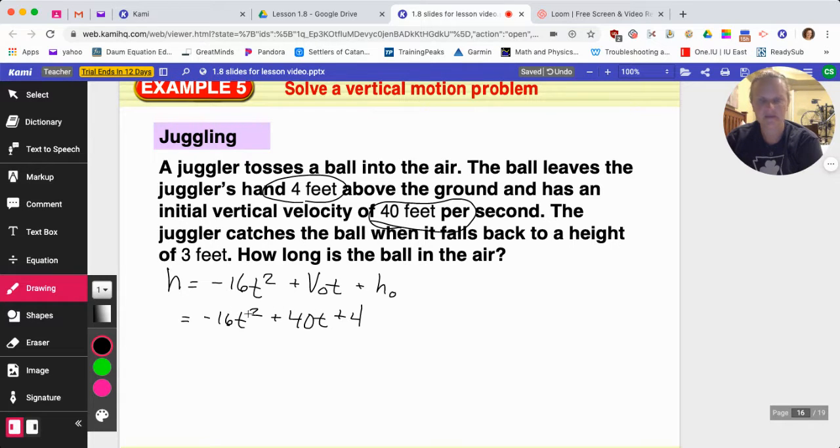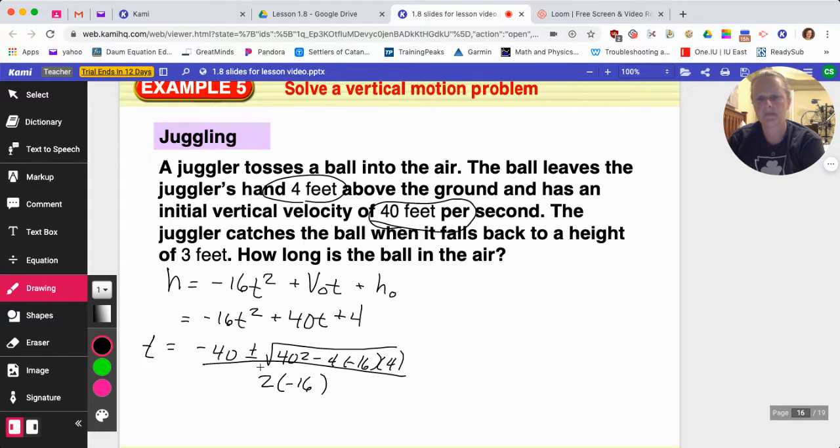I just saw, I think, an error in my book. So now we can figure out what t is. Negative b plus or minus the square root of b squared minus 4 times a times c, all over 2a.